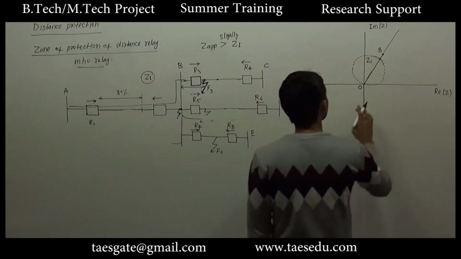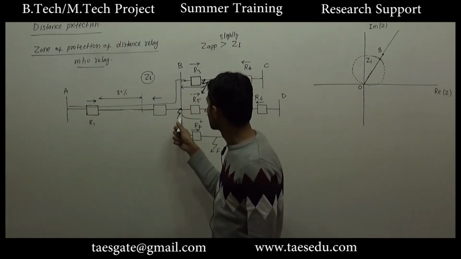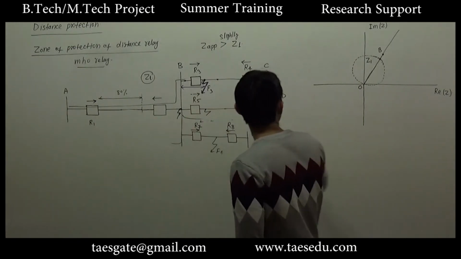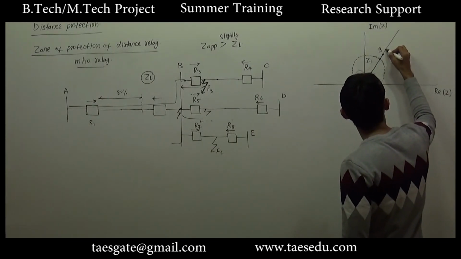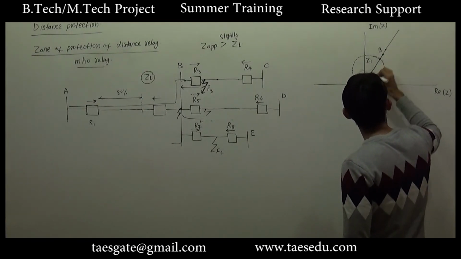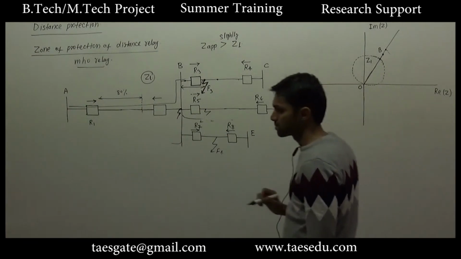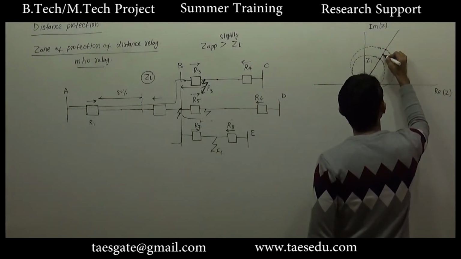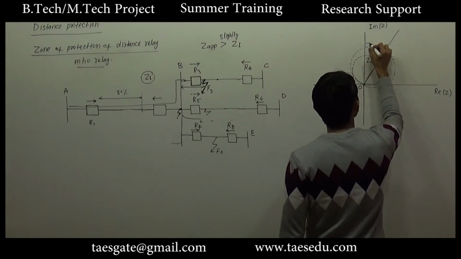The reach of zone 2 is 120% of this total impedance. This total impedance is represented by point B. So we have to draw a point which is at 120% of OP. So let's say this length is 120% of OP. So this is the reach of Z2. This point is B. This is Z2.